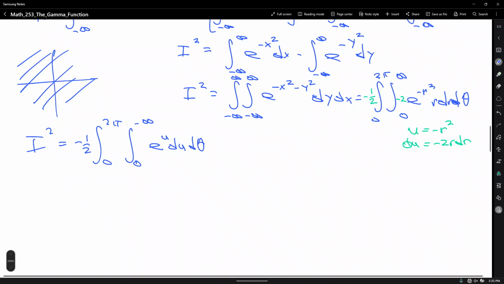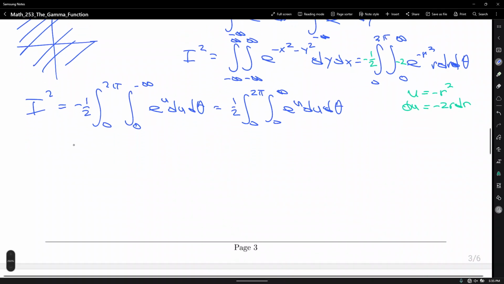The upper limit being smaller than the lower limit. But by properties of integrals, you can use this negative sign and reverse these limits of integration. This will be equal to 1/2 integral from 0 to 2 pi, integral from 0 to infinity, e to the u du d theta.